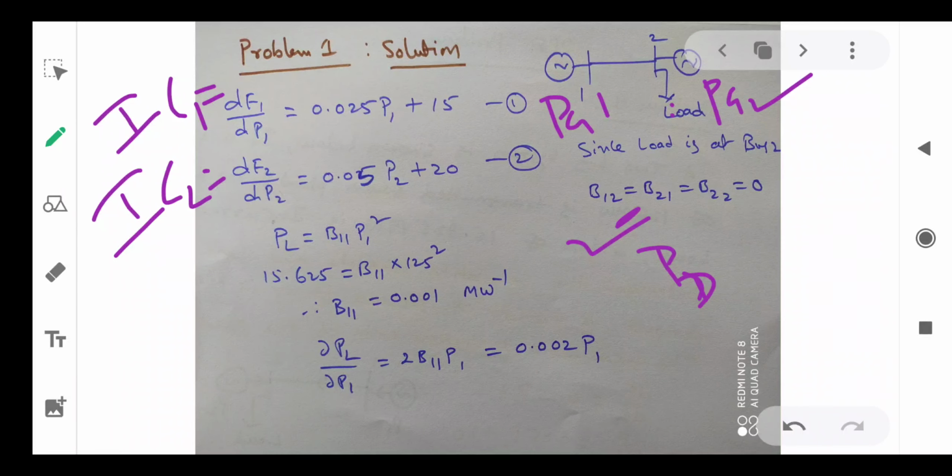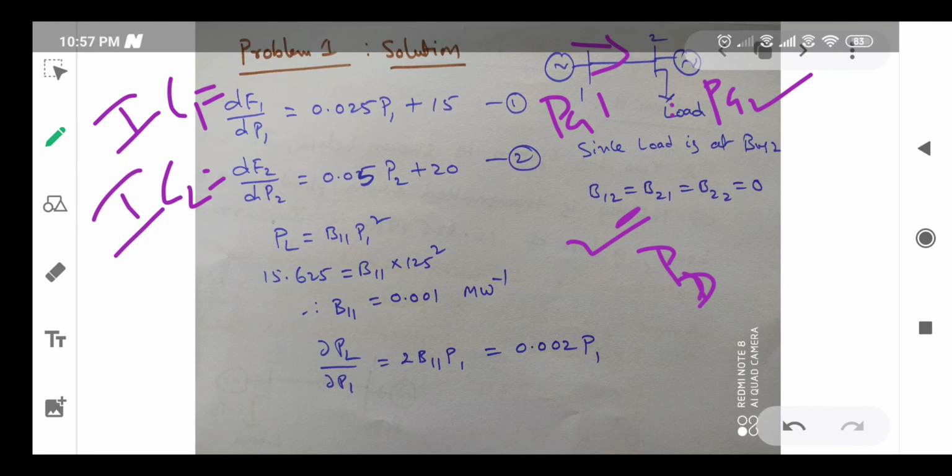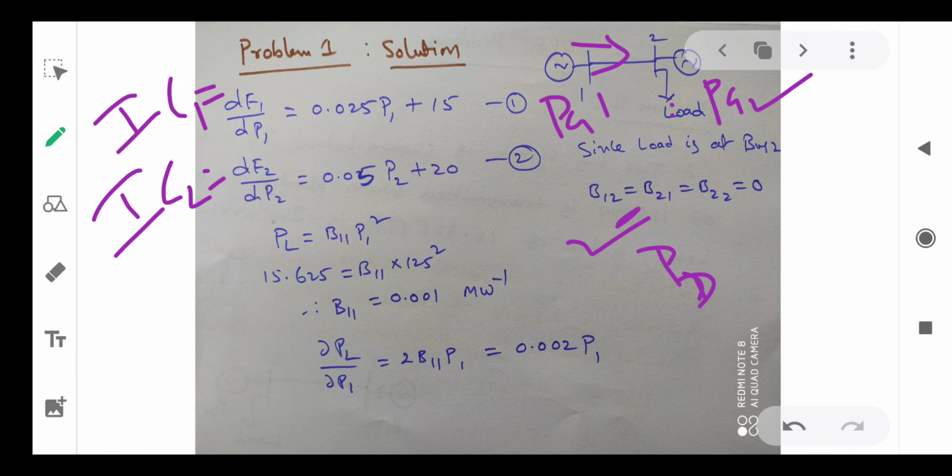When 125 megawatts is transferred from plant 1 to 2, this transferred power is equal to 125 and PL is 15.625. PL is equal to B11 P1 square. Let us substitute P1 in the equation. You will get B11 equal to 0.001 per megawatt.